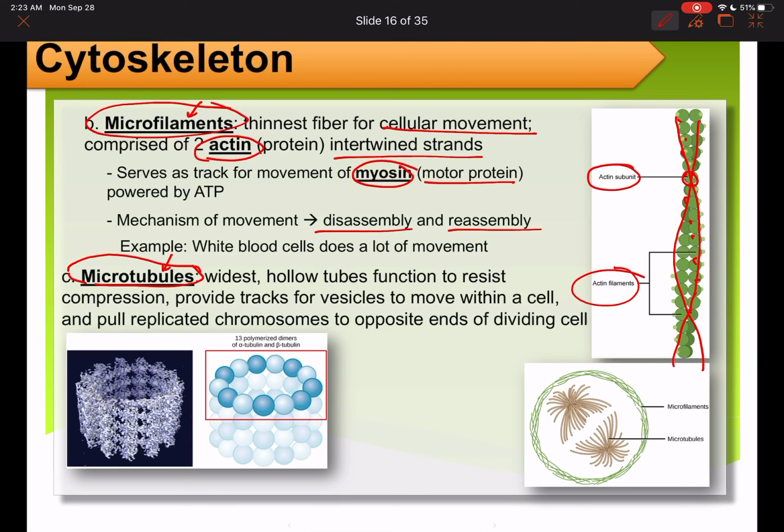Even though microtubules are the thickest, they are actually hollow tubes. They serve the purpose of resisting compression, provide tracks for vesicles to move within the cell, and they also pull replicated chromosomes to opposite ends of the dividing cell, which is what we said centrioles are for.